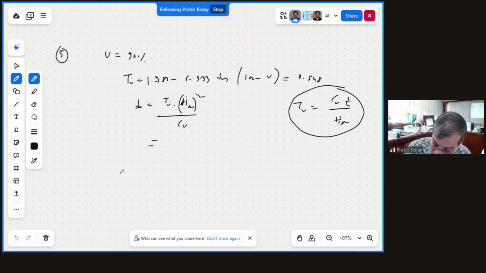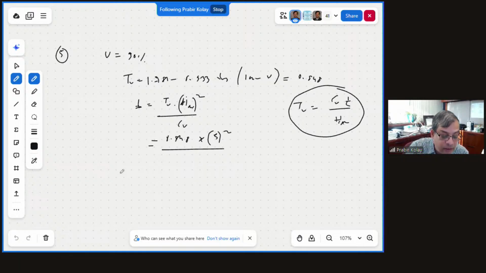Everything is given. T_V we just calculated is 0.848. What is the height of drainage in this case? It is given as just 5 meter thick, and the clay is above impermeable bedrock, so it is one-way drainage. So H is just 5. If it were two-way drainage, then it would be 5 divided by 2.